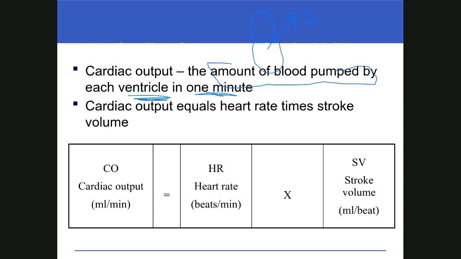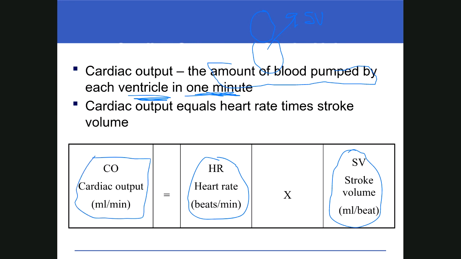Everybody remember that? Well, if we want to figure out how much comes out in 1 minute, all we need to know is how many times the heart beats every minute. So if we multiply those two things, we can get the amount of blood that the heart is pumping every minute. And again, that's cardiac output.